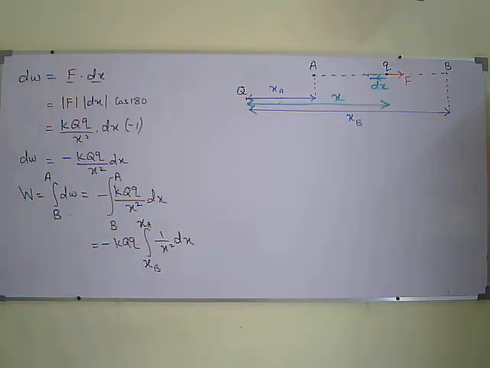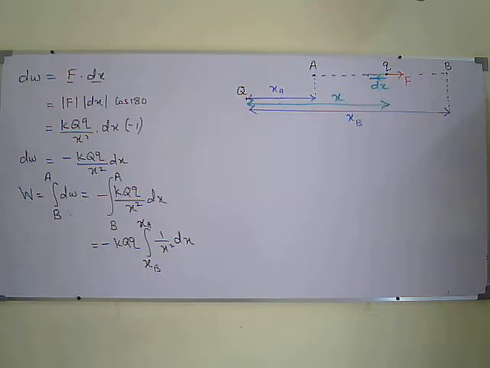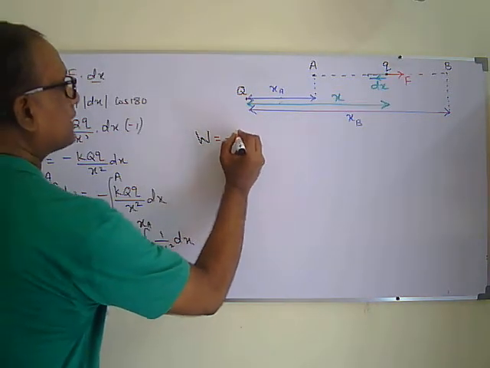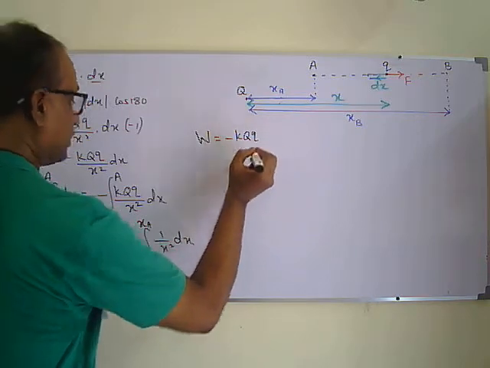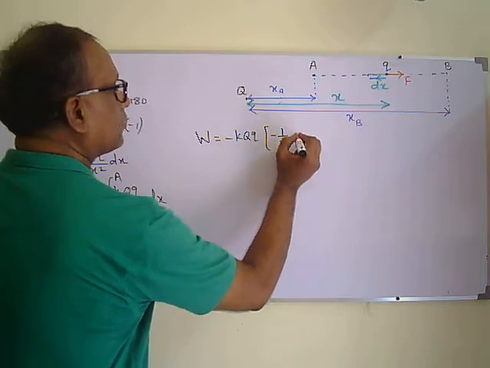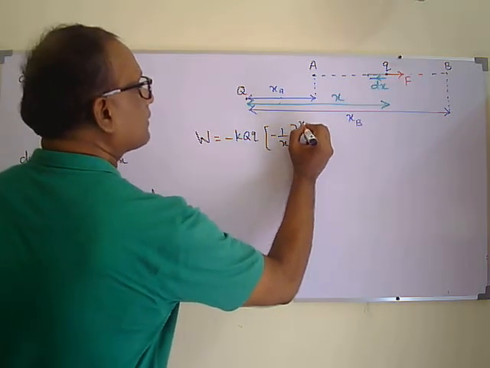So when you solve it, you know how to integrate. The integral of 1 over x squared will be minus 1 over x. You will get it. I will continue here. So W will be minus kQq times minus 1 over x from xb to xa.